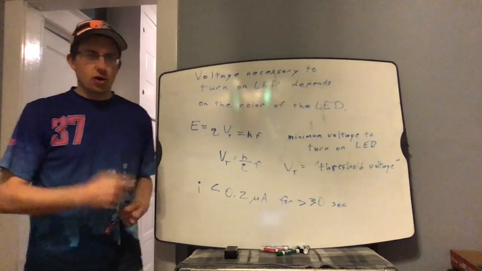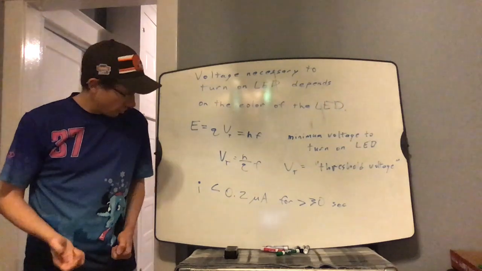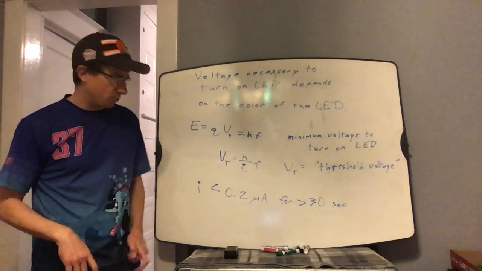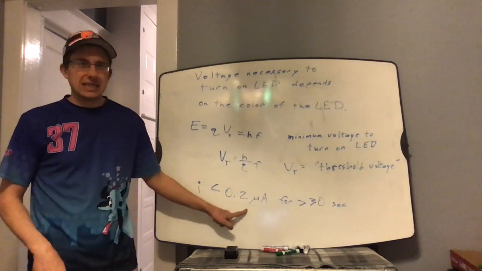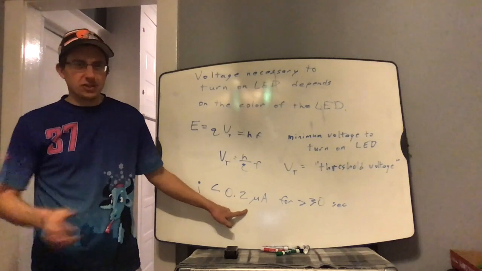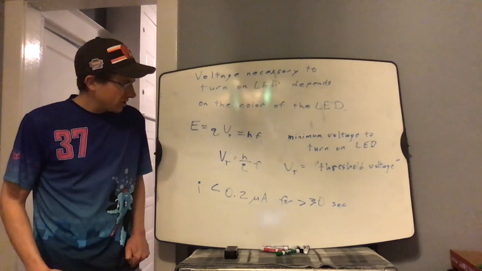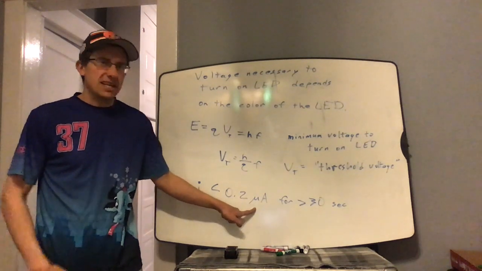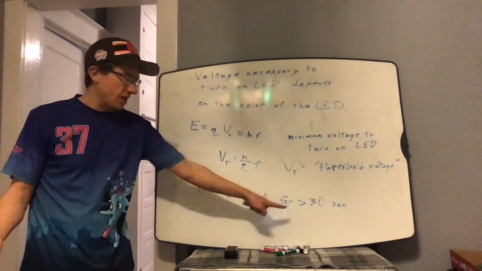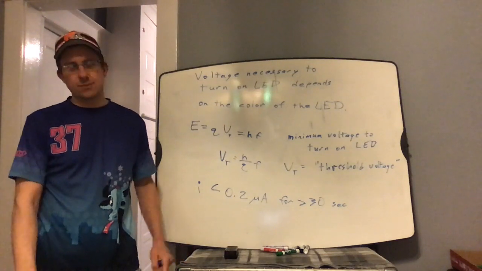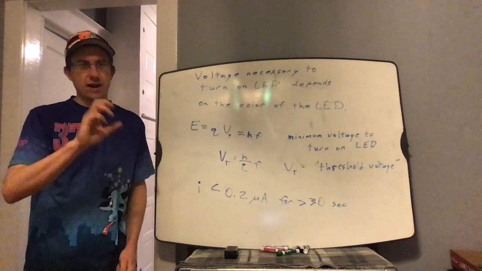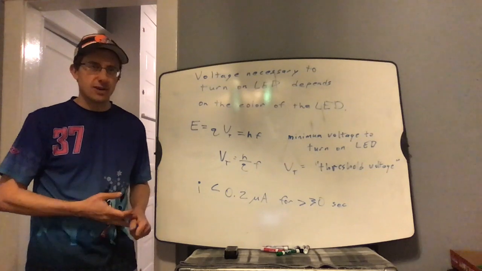The smallest current the multimeter can measure above 0 is 0.1 microamp. So I'm going to give the multimeter a little bit of wiggle room. I'm going to say that the multimeter has to measure less than 0.2 microamp for at least 30 seconds. Because sometimes you measure a current and it might jump around a little bit when you're doing a very fine measurement.